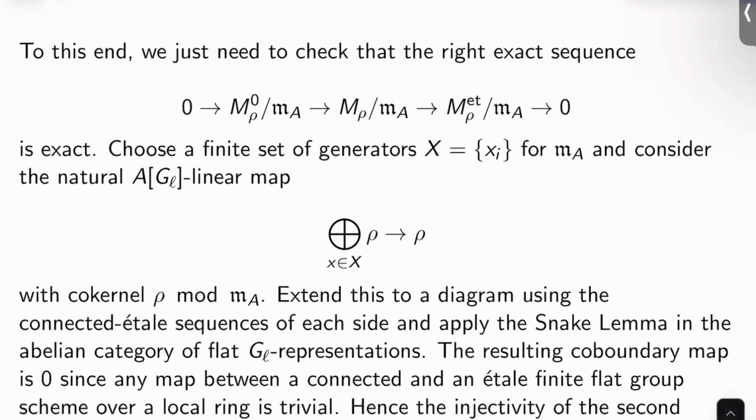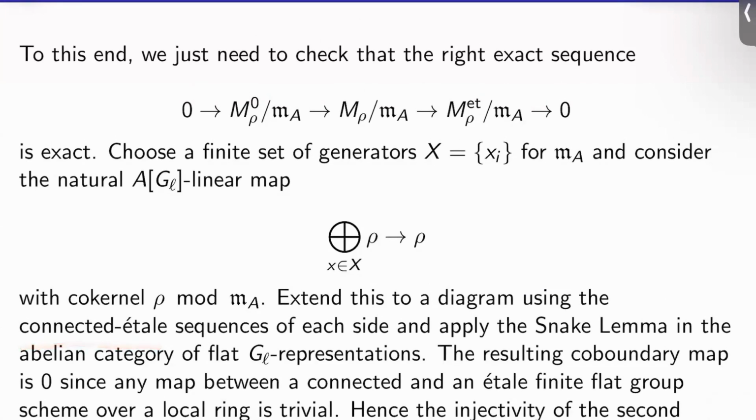Extend this to a diagram using the connected-étale sequences on each side and apply the snake lemma in the abelian category of flat G_L representations. You'll get a coboundary map there, and it must be 0 because any map between a connected and an étale finite flat group scheme over a local ring is trivial. That gives me the injectivity of the second arrow, which is all I really needed because this was already surjective.